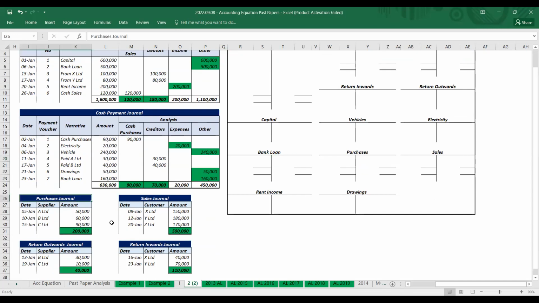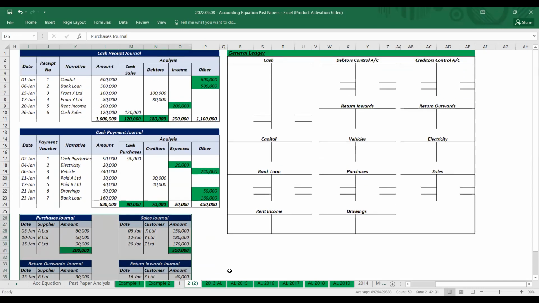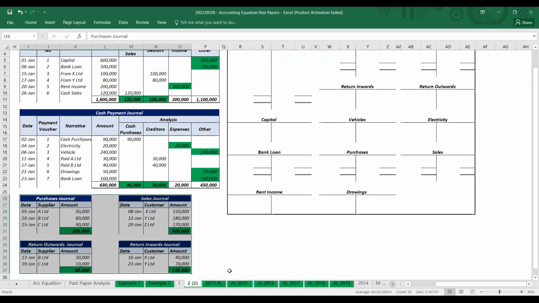So start with these journals. Start with the journals. Purchases journal, double entries. Is there anyone who has doubts on double entries?